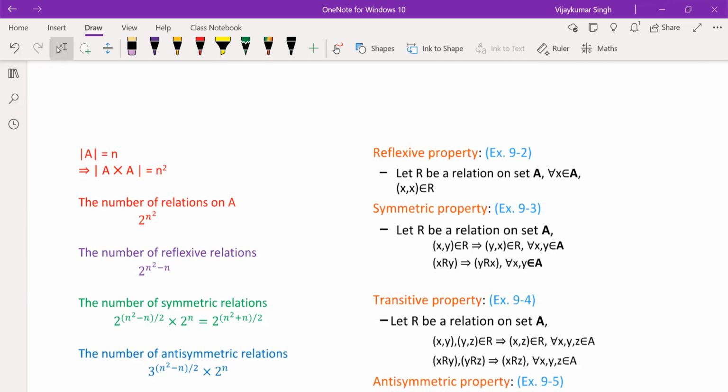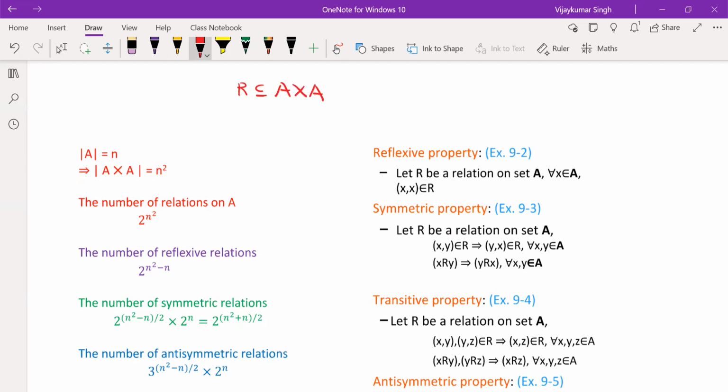What is the definition of a relation? It's a subset of A cross A, right? That is the only defining feature of a relation. So how many relations will exist? As many as there are subsets of A cross A. How many subsets are there for any set? Exactly the size of the power set.